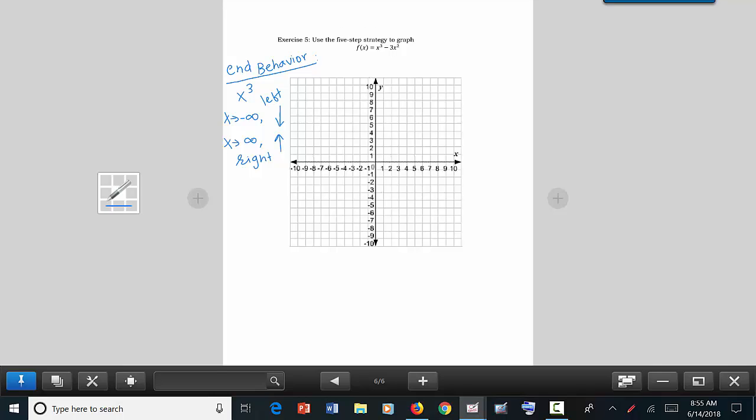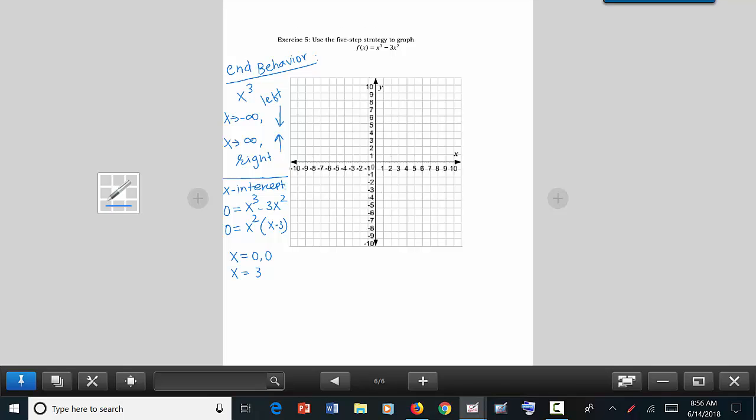The second thing we find is x-intercepts. To find the x-intercepts, 0 equals x cubed minus 3x squared. X squared we can factor out, x minus 3. It is giving x equals 0 two times, and then it gives x equals 3 one time.